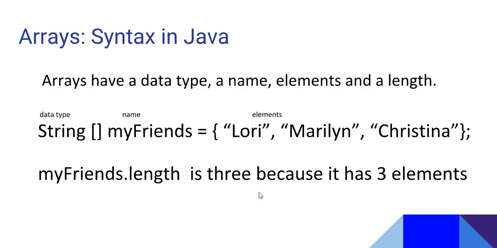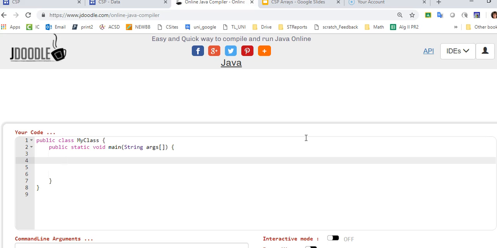If I jump over to JDoodle to show this in action, an array needs a data type. So we have String as the data type, and square brackets indicate that it's an array. myFriends is the name of my array, and I am populating this array with 3 strings, which are my friends' names.